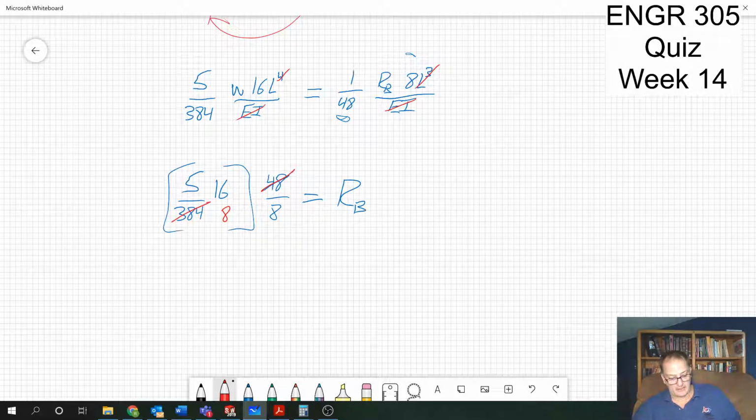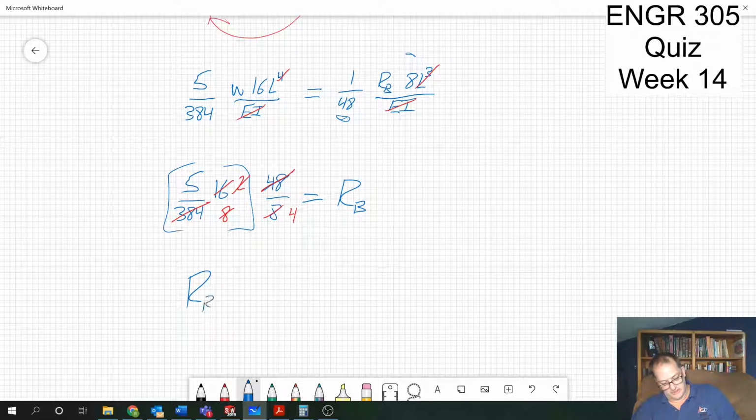And now I can start crossing stuff out. That and that cancel and give me a 2. And then the 2 and the 8 give me a 4. And what I'm left with is RB is equal to 5/4. Oh, you know, I missed a WL out here. WL. That's right.